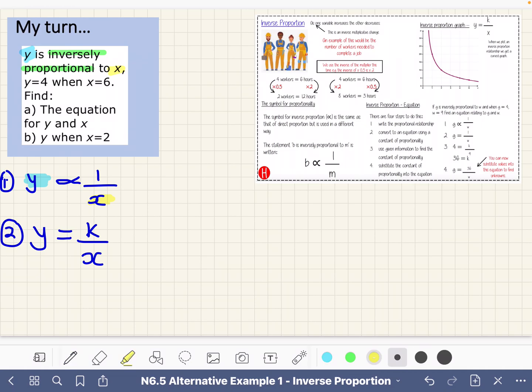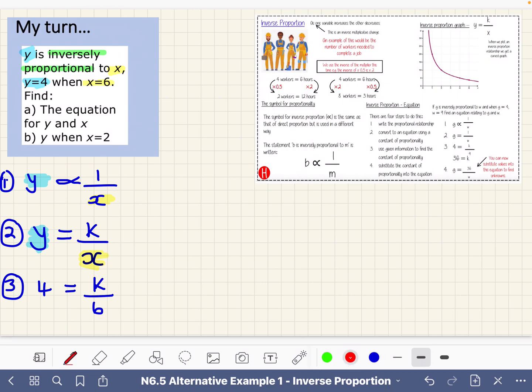We know that Y is equal to 4 in this instance, and X is equal to 6 in this instance. And we will substitute that in so we can work out the value of k. So y is 4, and that is equal to k over x, which is 6.